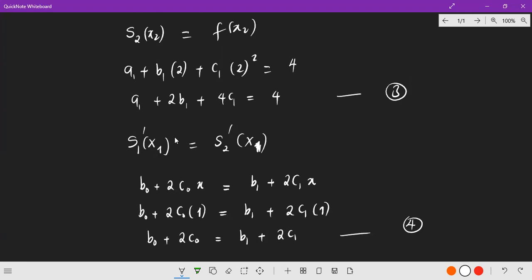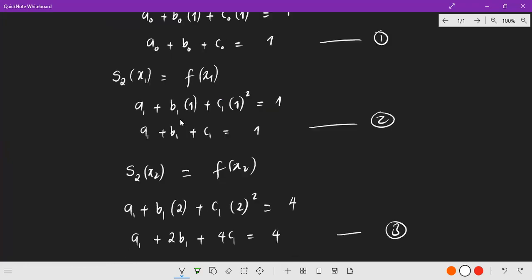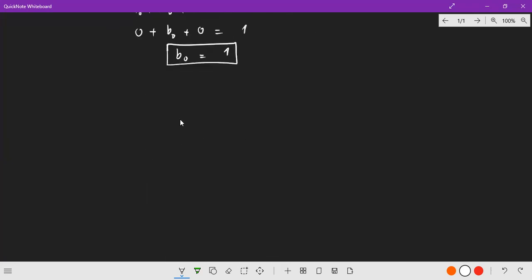Now we go to the other equations. So allow me to pick these equations here. So we have equation number 2, a1 plus b1 plus c1 equal to 1.